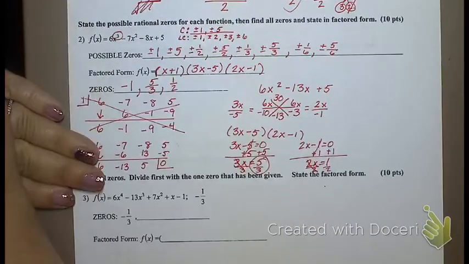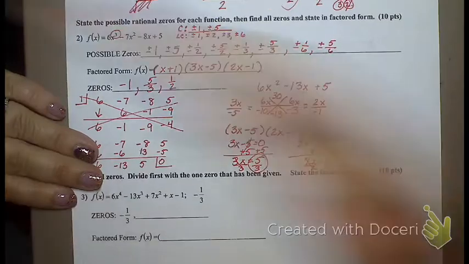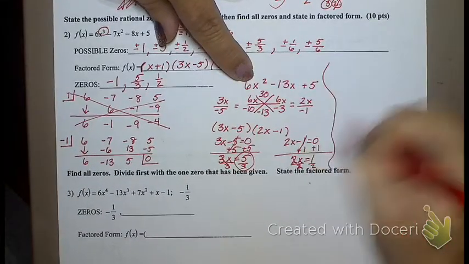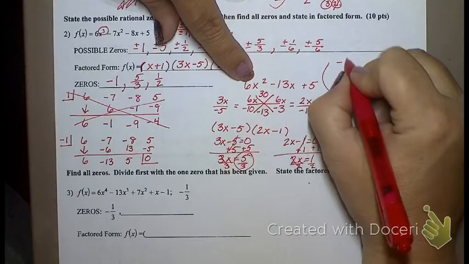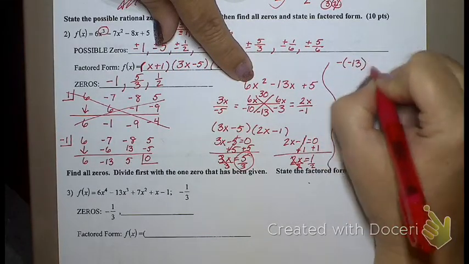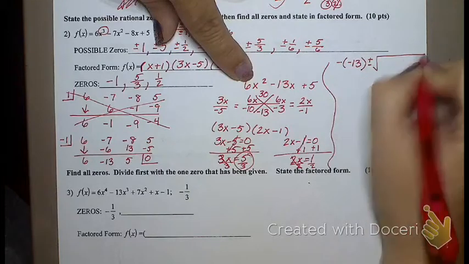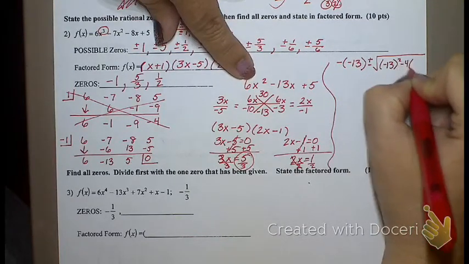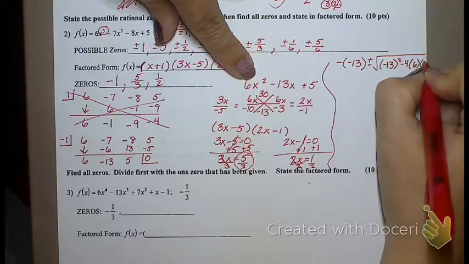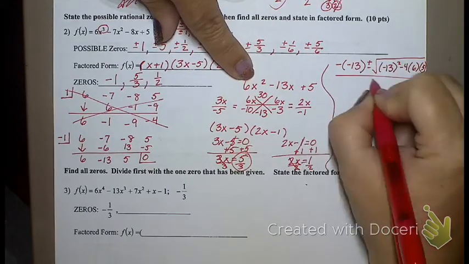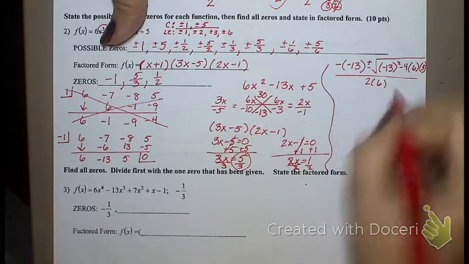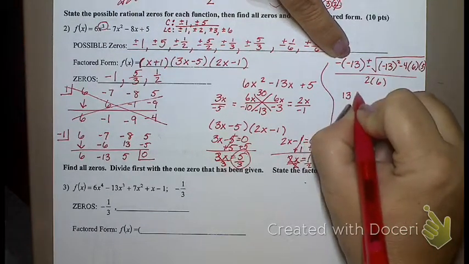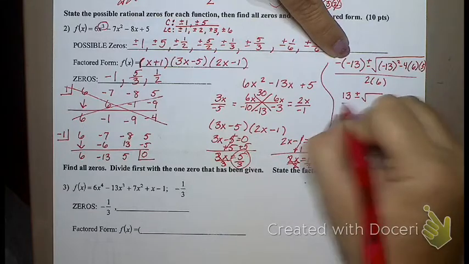There's my 3 zeros. Really quickly, if I used quadratic formula here, let me show you what it would look like. -13 plus or minus the square root of -13 squared minus 4 times 6 times 5, running out of room there, all over 2 times 6. So that gives me positive 13 plus or minus the square root of what?